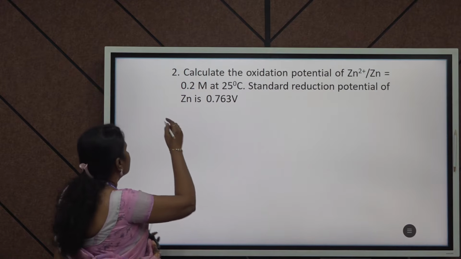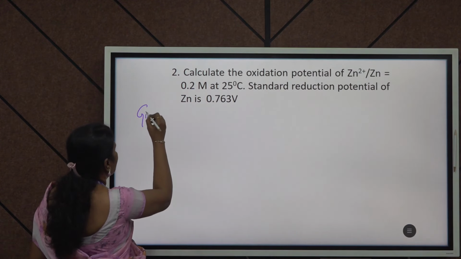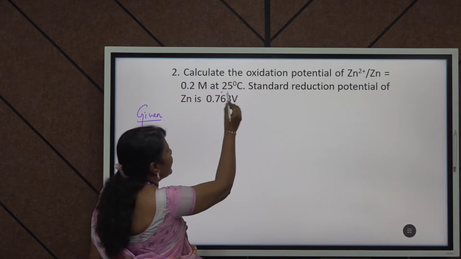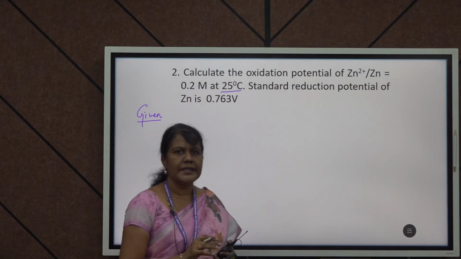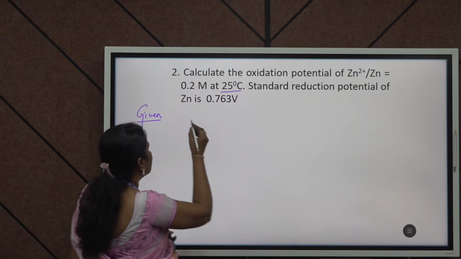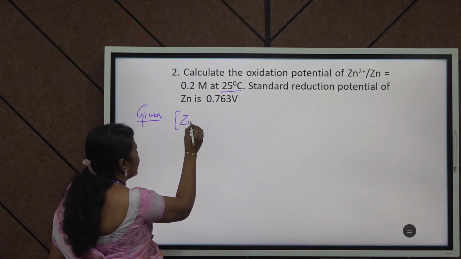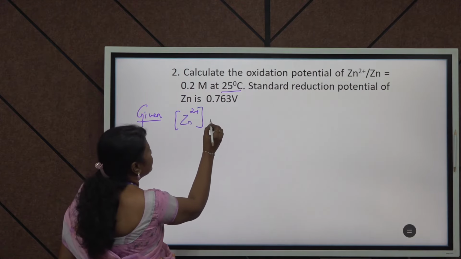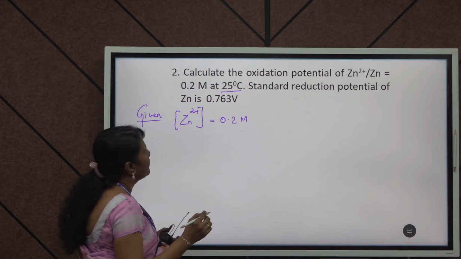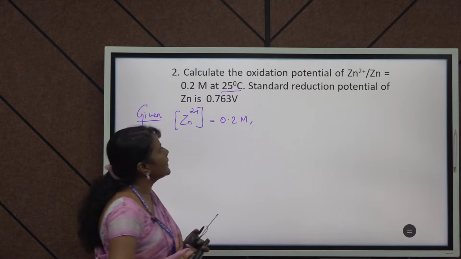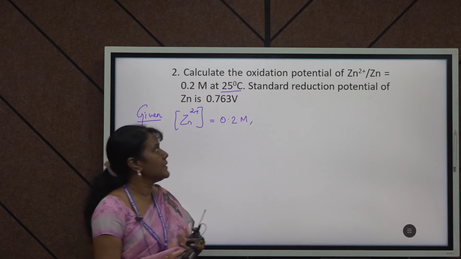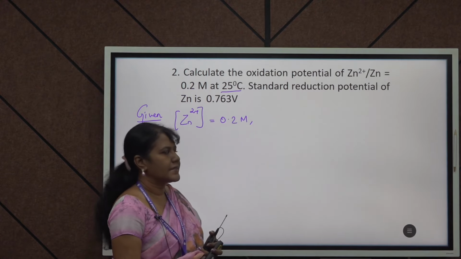Okay, so let's write the data which are given. This 25 degrees C, we are not going to use for any substitution. The temperature is just being mentioned. The concentration of Zn2+ is given as 0.2 moles. And then the standard reduction potential of zinc is given as 0.763 volt.